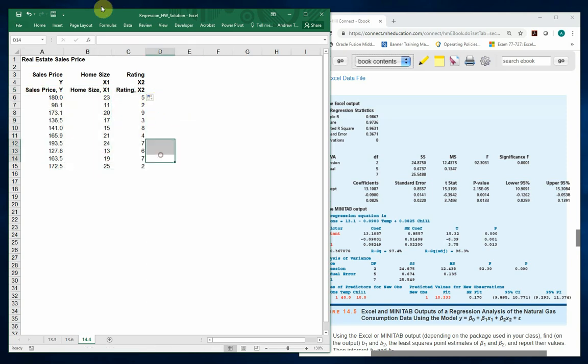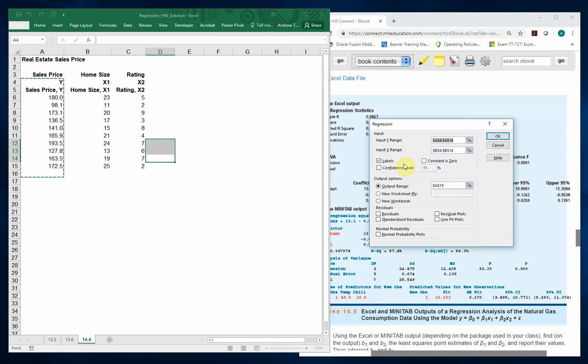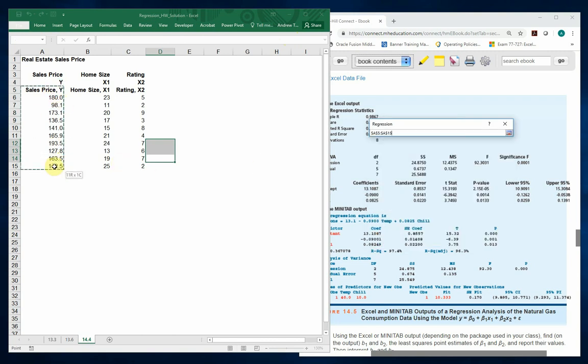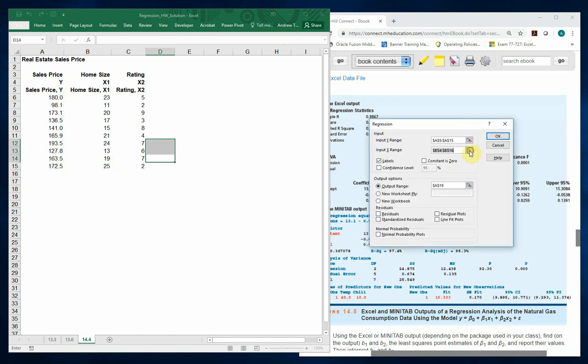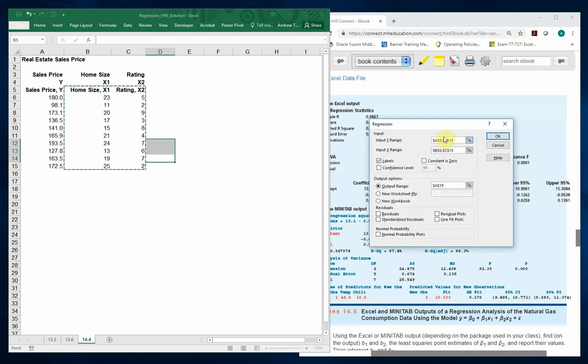Now I'm going to go do my data analysis. Here's my Y range, but look at my X range. It is 2 columns worth. When you do regression, you only have one column of Y. You always have just one variable on Y. But on multiple regression, we can have multiple columns, multiple variables.